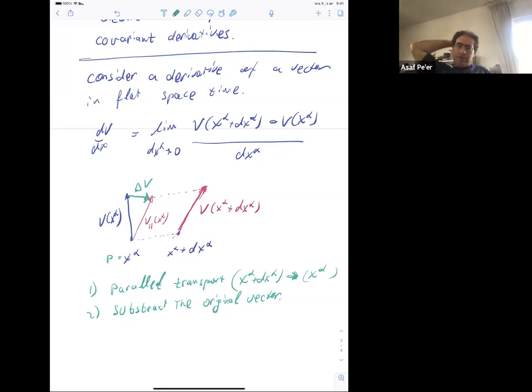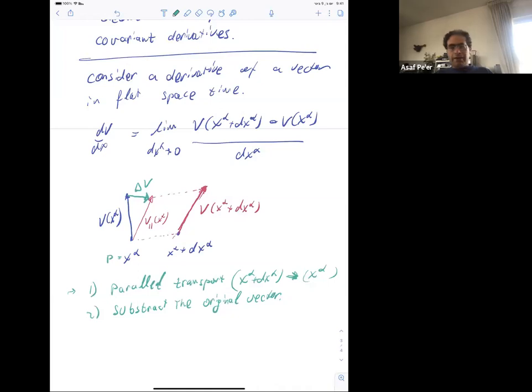But now something additional happens. And what is that? During the parallel transport, during this first step, the coordinates of the vector change.